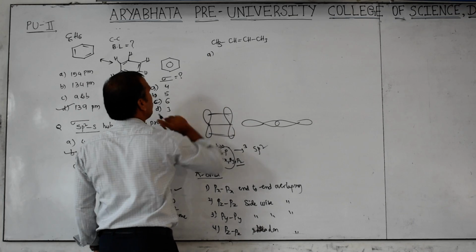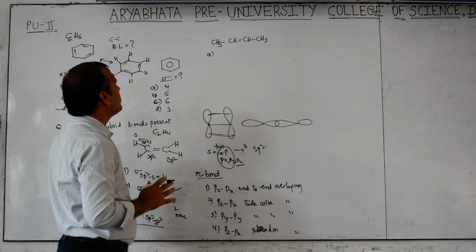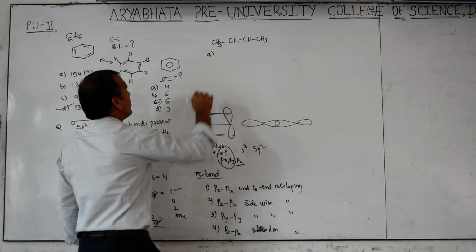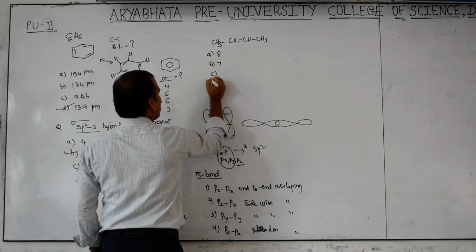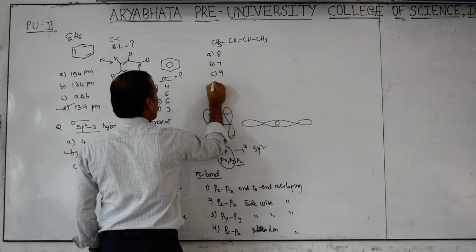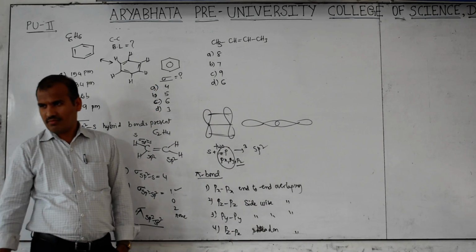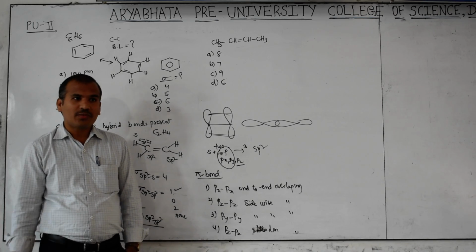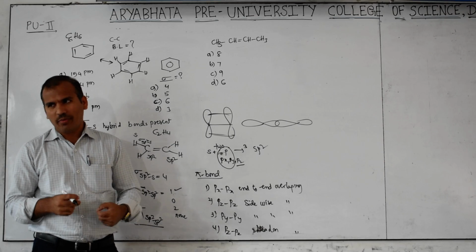Options may be 3, 6, 7, 8, or 8, B 7, C 9, D 6. Then what will you do? You have to draw the structure. Then only we clearly know how many sigma and how many pi.